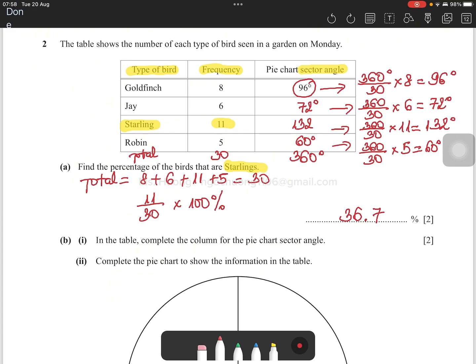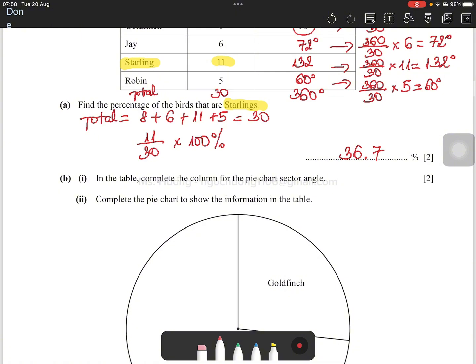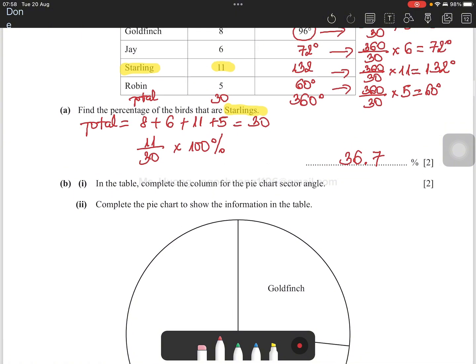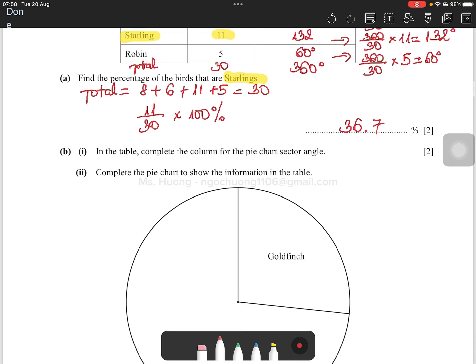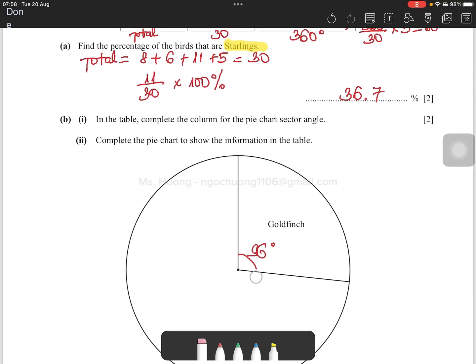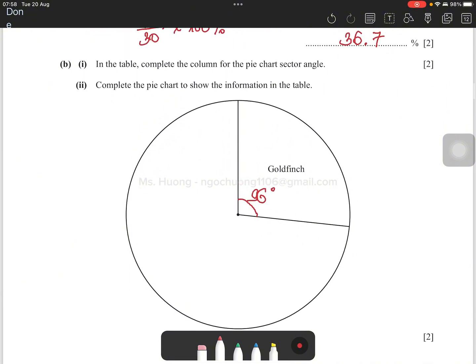Number 2, complete the pie chart to show the information in the table. So first of all, the goldfinch is 96 degrees. And now we draw the angle for the next bird, 72 degrees. You should use a protractor to help you with this. 72 degrees for this one.